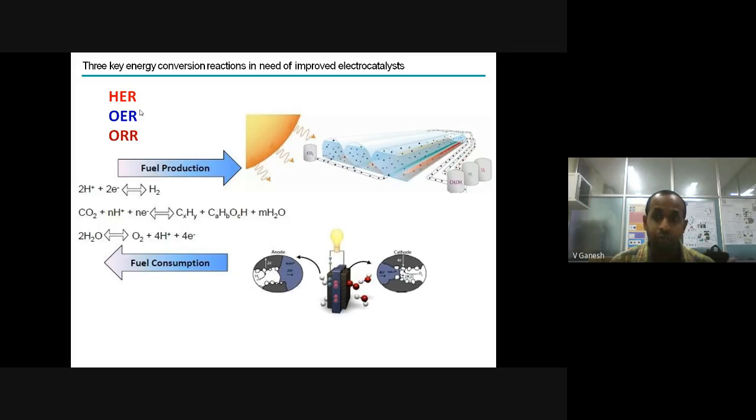Hydrogen and oxygen both could be used as a fuel. That's the advantage of water splitting reaction. That's why nowadays people talk of using water as a fuel to drive vehicles, right? By applying 1.23 volt, you can split water into hydrogen and oxygen. Hydrogen will evolve at the cathode and oxygen would evolve at the anode chamber.